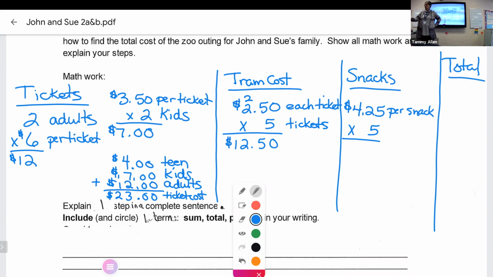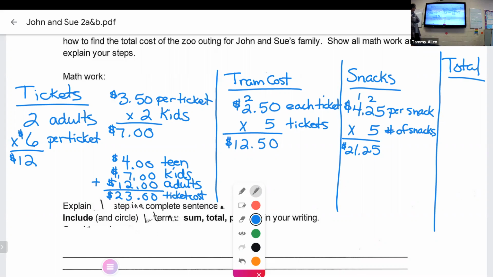What is the 5? The number of people buying snacks? How much are we spending on the snacks? Peyton, everybody agree with that? So are we done?